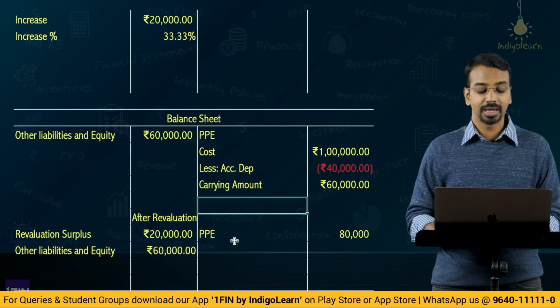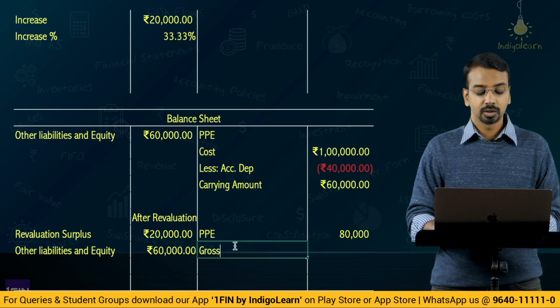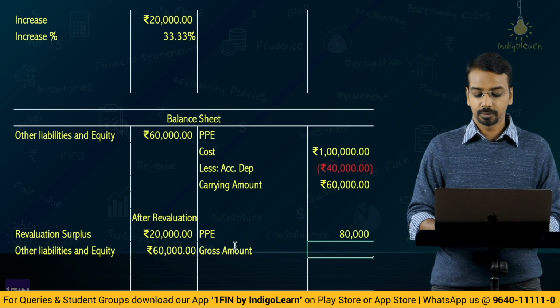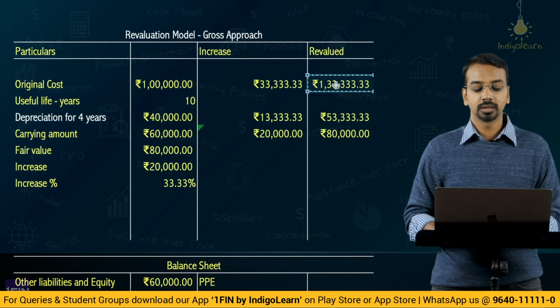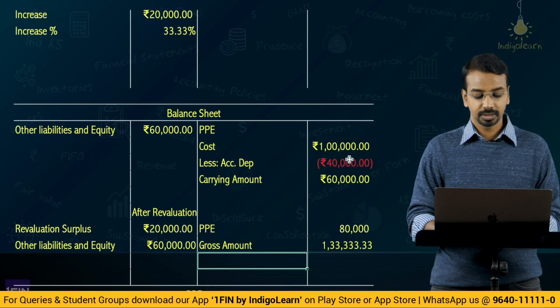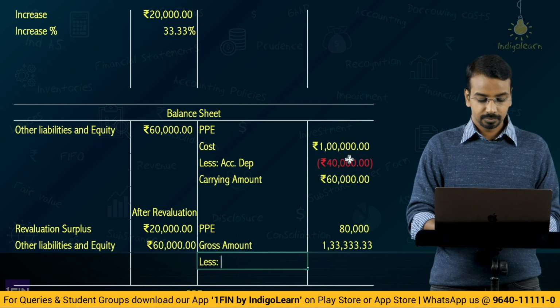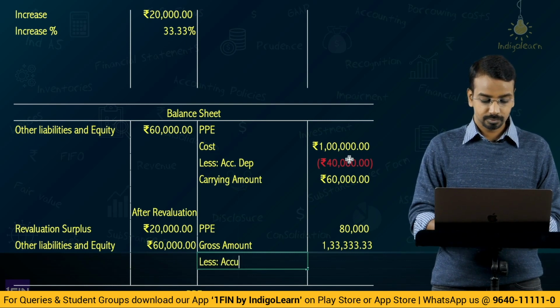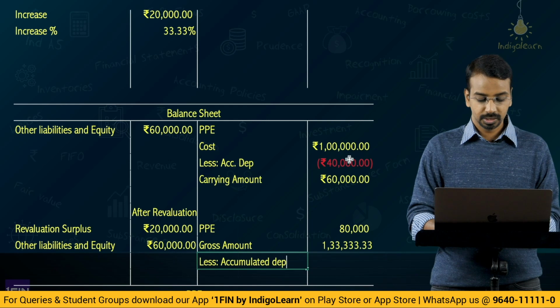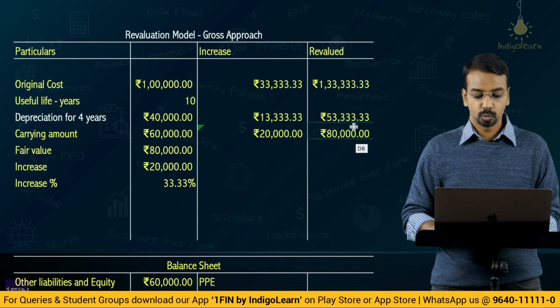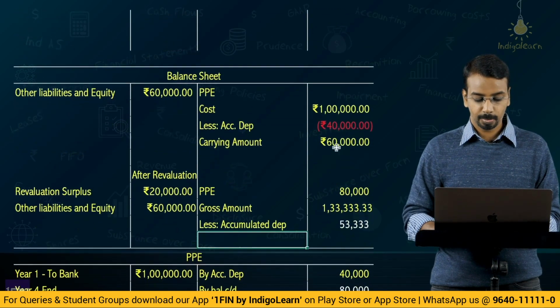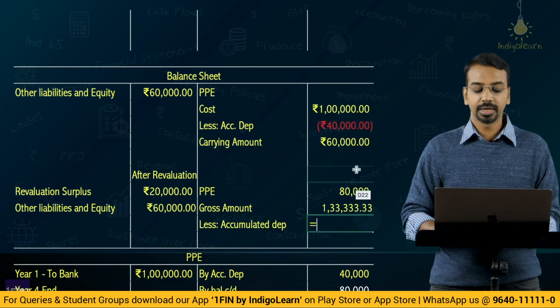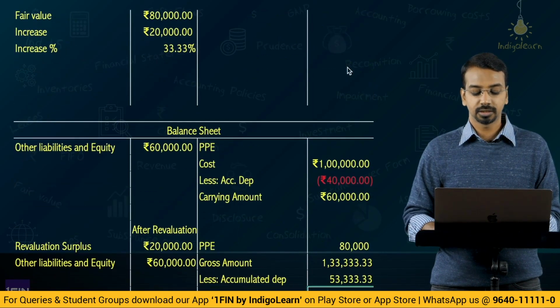So, when you present it in the balance sheet now, PPE gross amount would be 133,333. Accumulated depreciation would be 53,333.